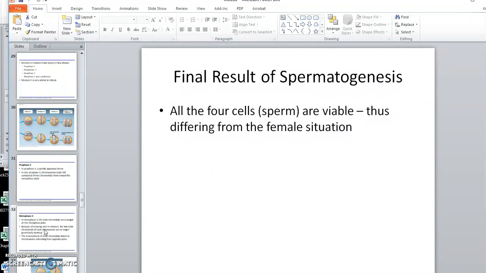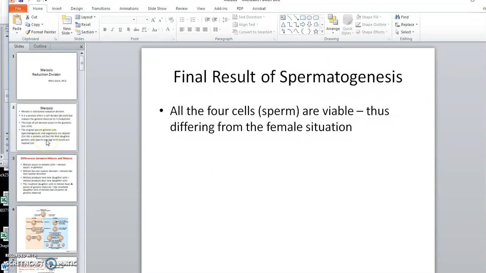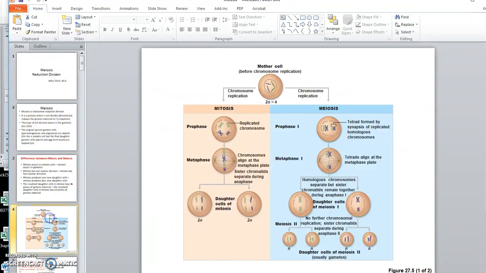So I go back again and I say that the key to this is reduction division to get half the genetic material. It differs from mitosis, as you can see, where you get 2 cells, both with 46 pieces of genetic material. In this, you get 4 cells, each with 1/2.